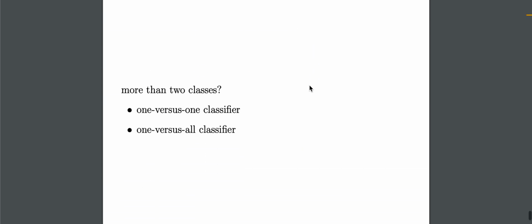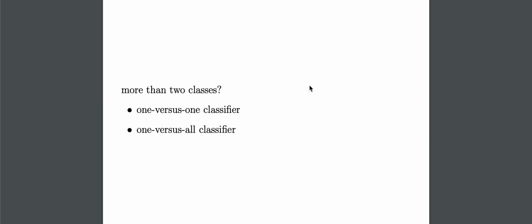Okay, so what do we do when we have more than two classes? I already talked about this in one of the videos. One way to deal with it is the one versus one classifier. So we have k choose two classifiers if there are a total of k classes.